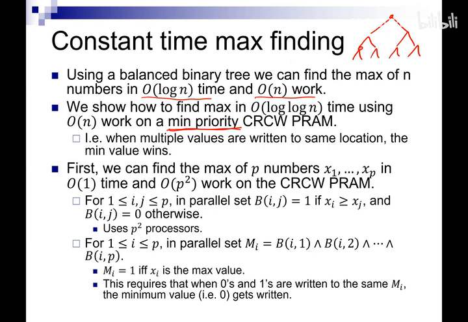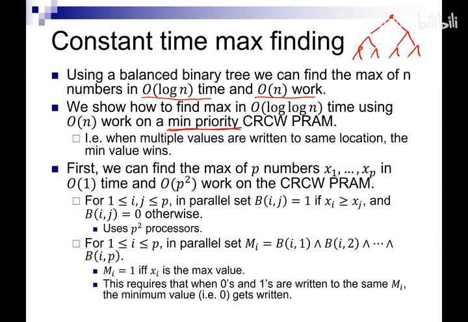Okay, so now let's first talk about this constant time algorithm to find the max. Suppose you're trying to find the max of p numbers, x1 up to xp. Then we're going to use p squared processors, and we also need the CRCW model with min priority.